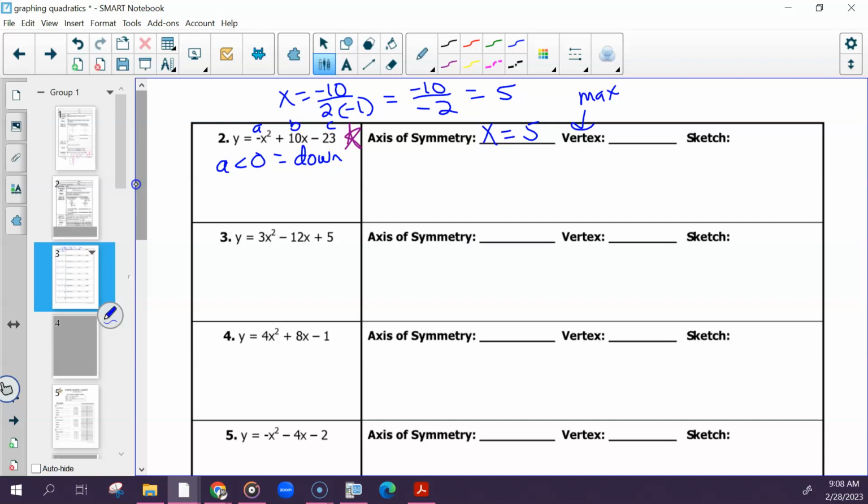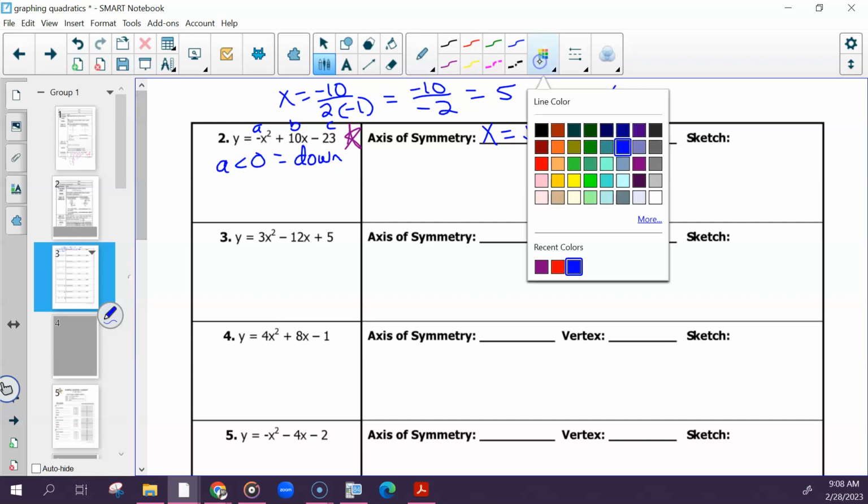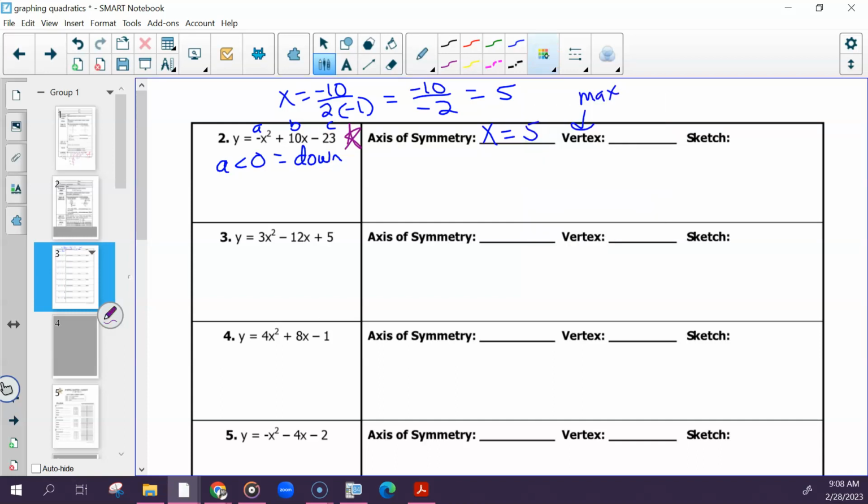Now let's take that 5, put it back into the equation to find our y value. So y equals negative, and then put your 5 squared, plus 10 times 5 minus 23, and figure out what that is.